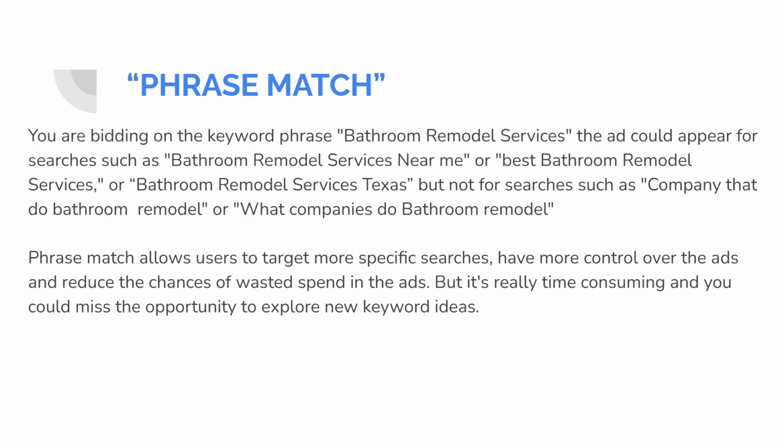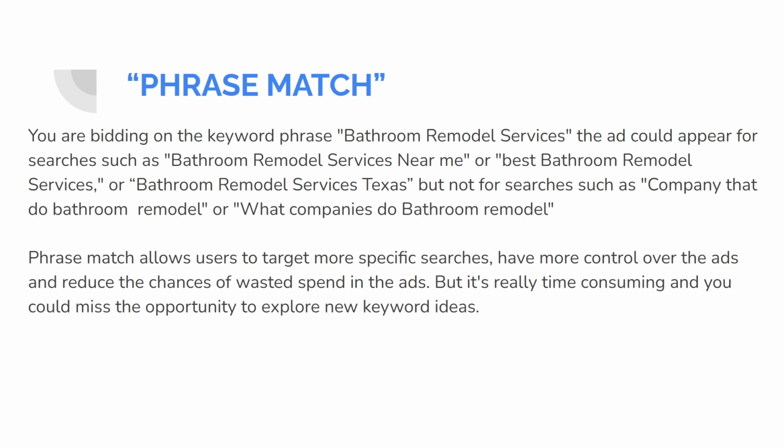So the way phrase match works, let's say you are bidding on the keyword phrase bathroom remodel service. The ad could appear for searches such as bathroom remodel service near me, or best bathroom remodel services, or maybe bathroom remodel services with your geolocation target.